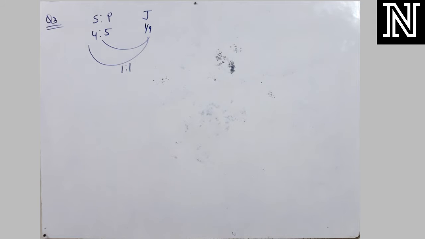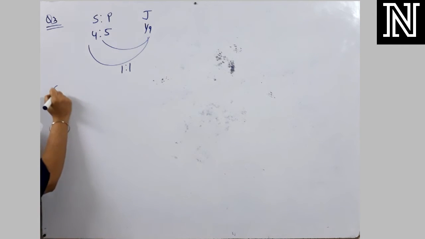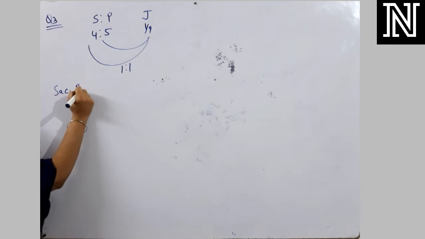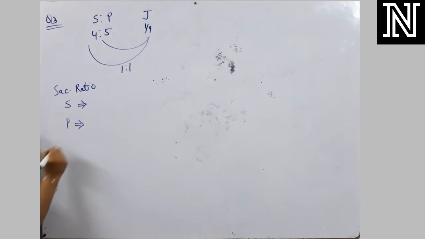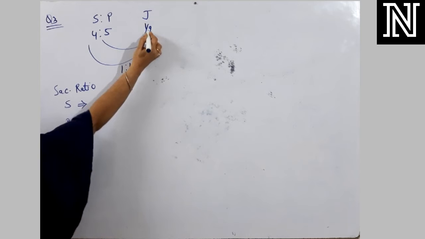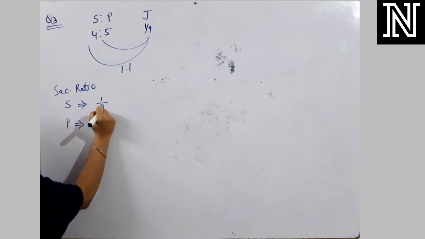When this type of acquired condition comes, in this variety, first we are going to calculate the sacrificing ratio. S is sacrificing and P is sacrificing, because all partners are going to sacrifice. See how I am going to calculate that. First I am writing the new partner share.